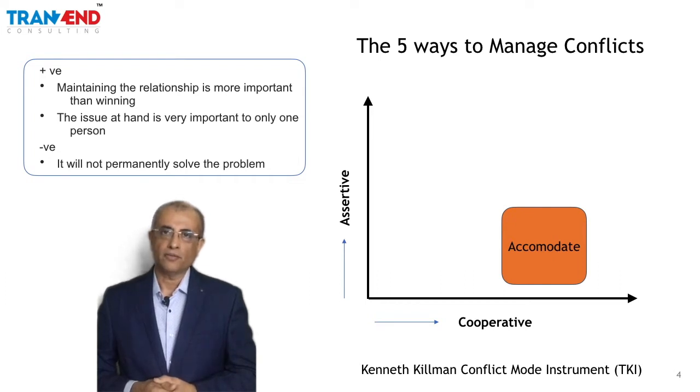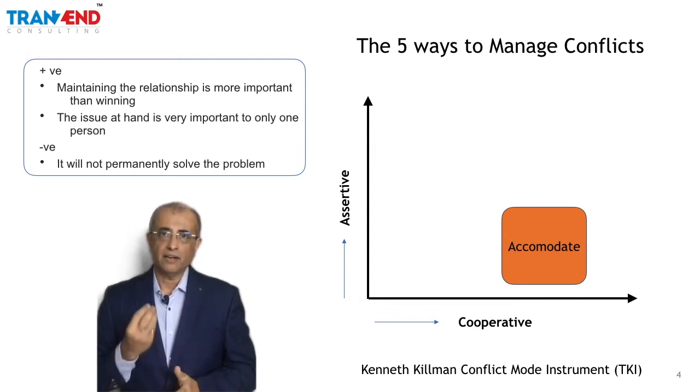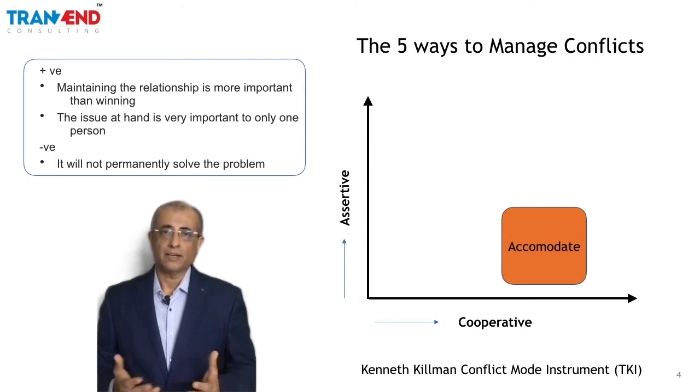Now this colleague of yours has some kind of an emergency or has some problem, and he calls you up and says that I can't make it to the meeting at 10 a.m. tomorrow morning, I'd like it to be shifted to 12 p.m. Now this is a situation where you may want to accept this change because it's a very critical thing for this colleague. So you accommodate in this kind of a situation.